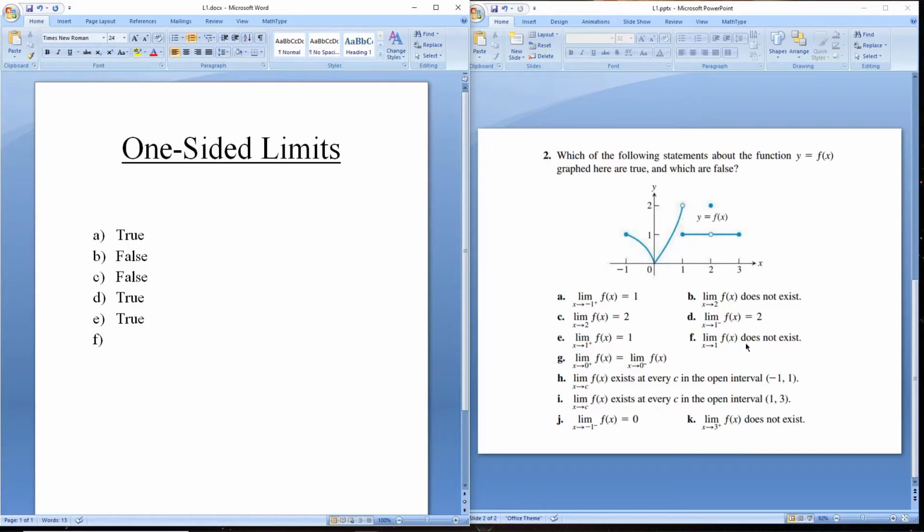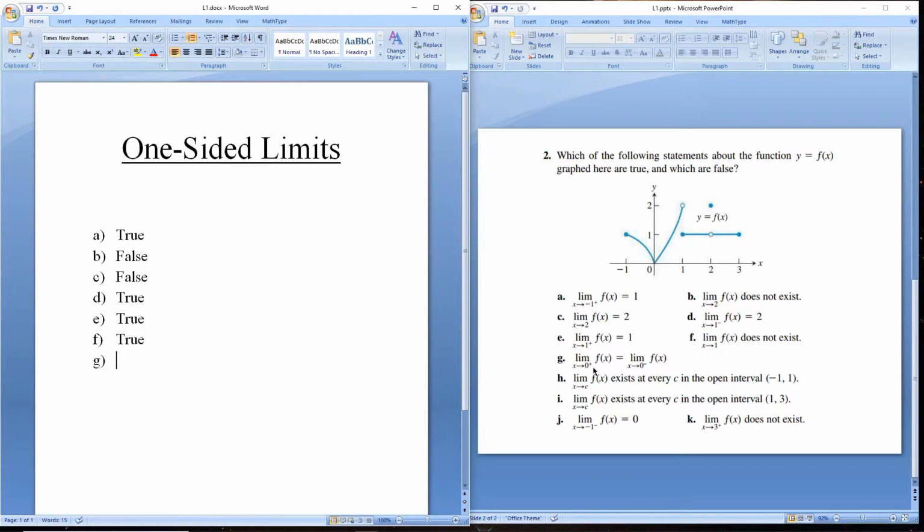So let's check out F. Now they're asking, does the two-sided limit at 1, it's saying it does not exist. And so that means the left, here's the left, and the right, if these equal, then the limit exists. They don't equal, this is 2 and this is 1, so the limit does not exist, and so F is a true statement. How about G?